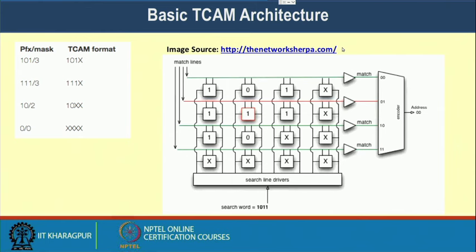The longest prefix is the last one, 101X, because here I have a match with 3 different bits and only 1 don't care. So, the maximum match is here. This encoder will return that particular address where you have the maximum match. So, the encoder circuit implements the longest prefix match principle to return the final address.